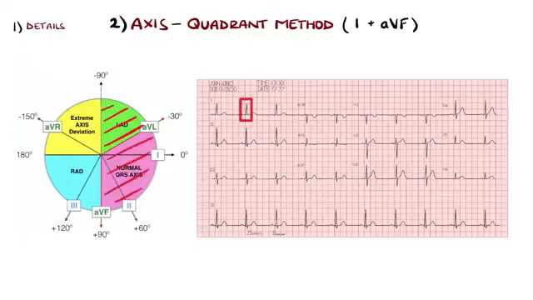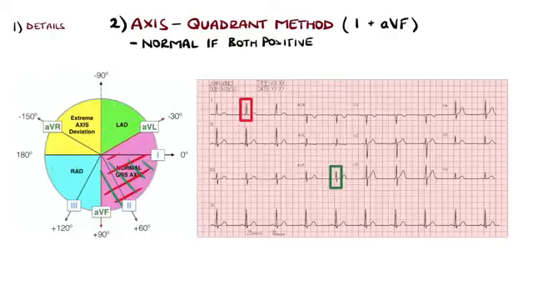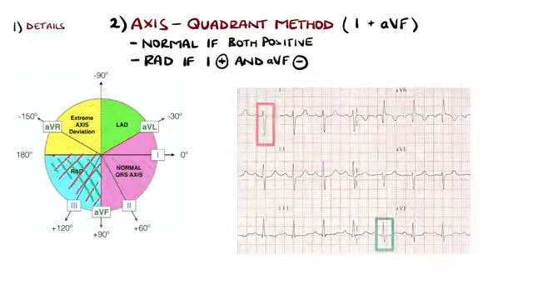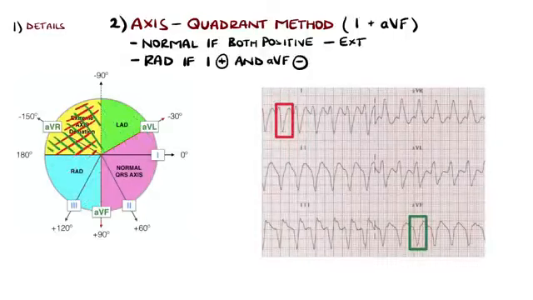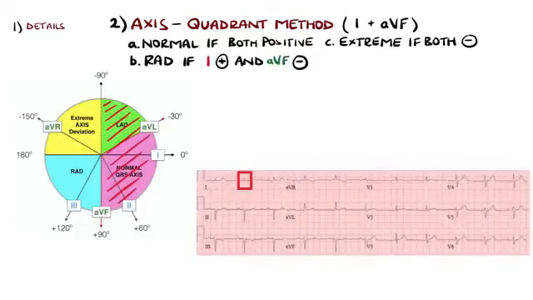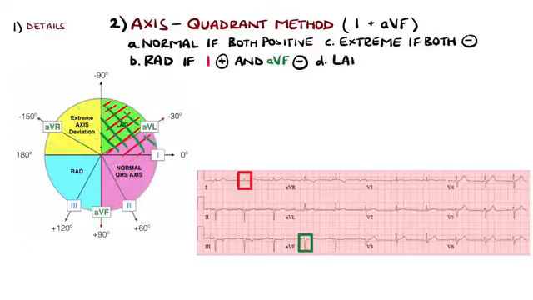If both are positive, the axis must be in the lower right quadrant, therefore normal. If lead 1 is negative and AVF is positive, there is right axis deviation. If both are negative, there is extreme axis deviation. The only one needing a further step is if lead 1 is positive and AVF is negative, then the axis is in the upper right quadrant, and to distinguish left axis deviation from normal, you can look at lead 2.